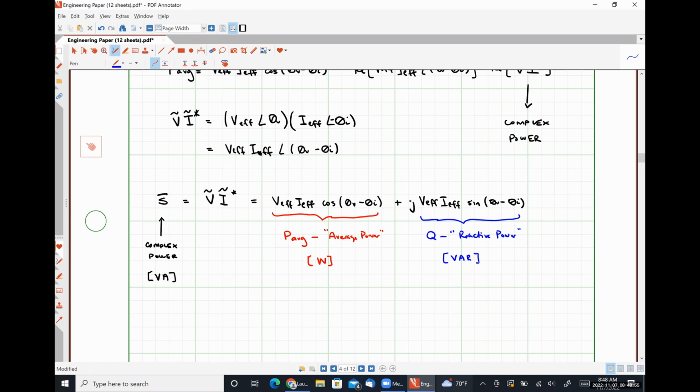And what the reactive power represents is the temporary energy storage capacity of the system, okay? So resistance contributes to average power, capacitance and inductance contribute to the reactive power. And when you add those two parts together, you get the complex power.